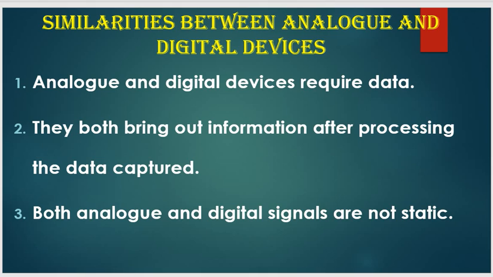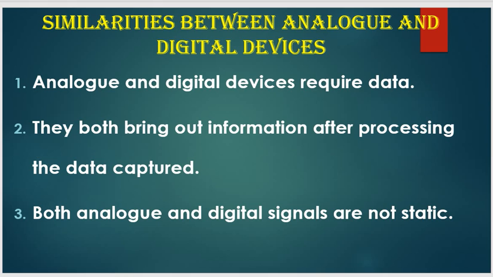When this microphone is connected to the computer, the sound card inside the computer will convert the analog wave into a digital wave. So here we can say that both analog and digital signals are not static. It means that analog signals can be changed to digital signals, and digital signals can also be changed to analog signals.